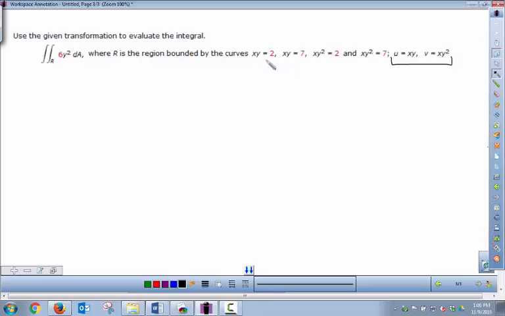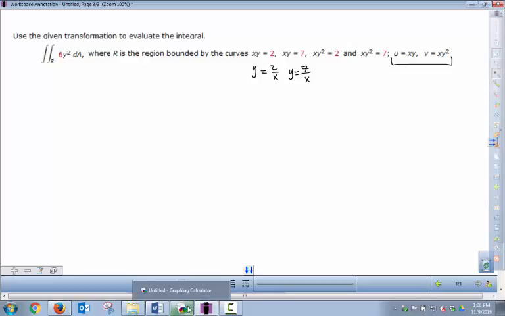They give us a substitution here, right? To find this region, I think if I solve for y for all of them, I might get some idea of how this thing might look. I still might want to graph it. This is something your graphing calculator should be able to handle after you solve for y.